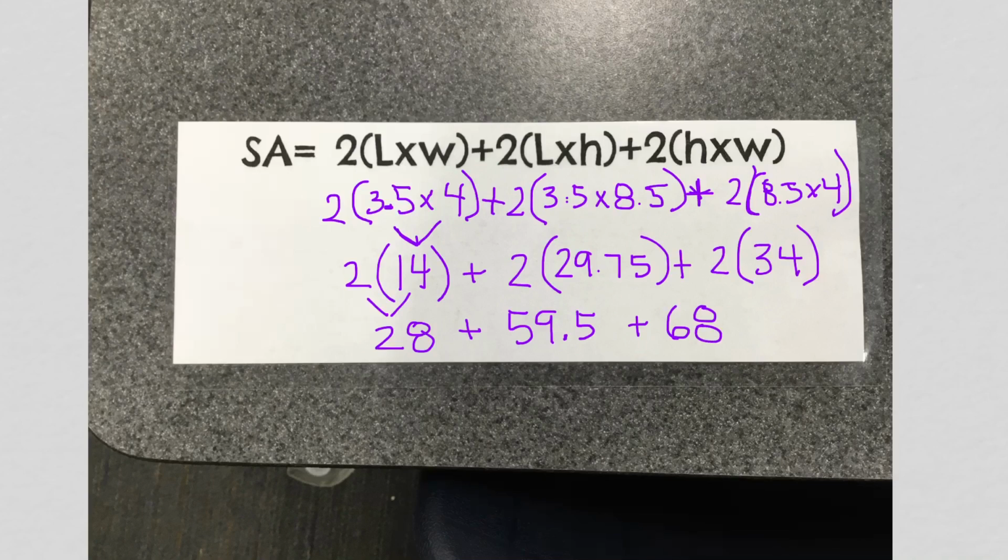Now you need to be super careful of that decimal, so I'm going to put that first. 59.5, all right, plus 28, plus 68. Okay, be careful of your decimals.